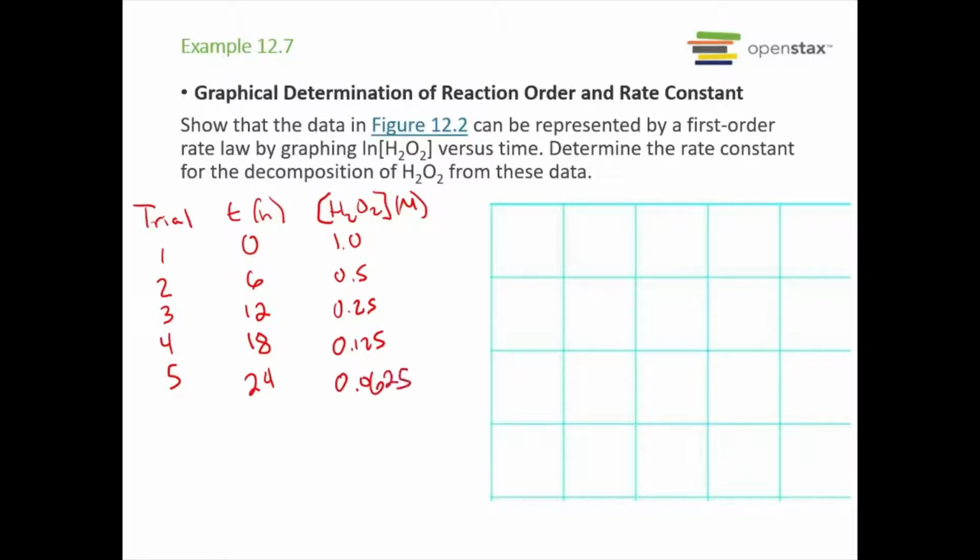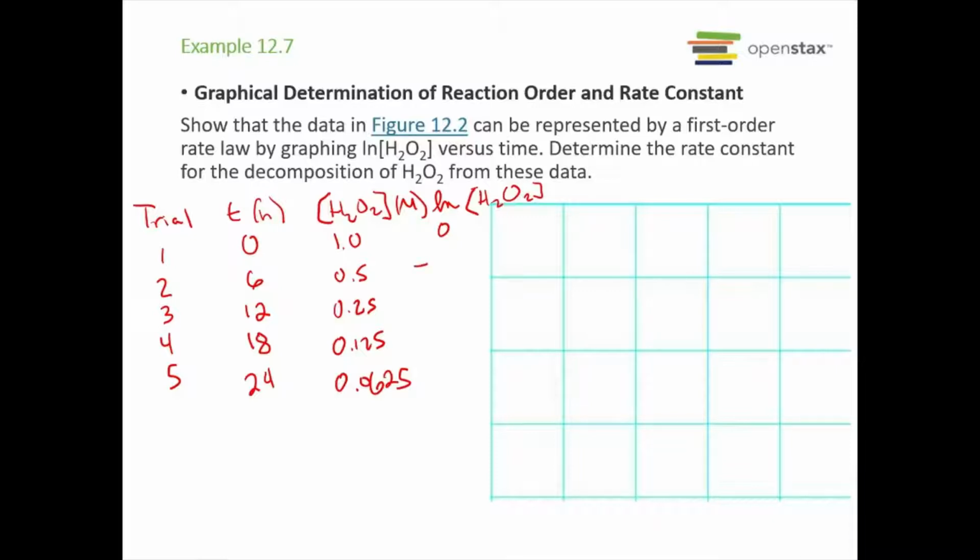Okay, so because we want to prove it's first order, that means we need to take the natural log of our hydrogen peroxide concentrations. So we need to add a new part of this table, natural log of H2O2. So we're going to take the natural log of the column next to it. If you are an Excel whiz, you could set up an Excel spreadsheet and tell it to do that, and you click and drag.